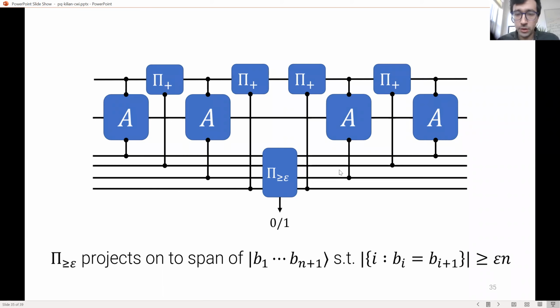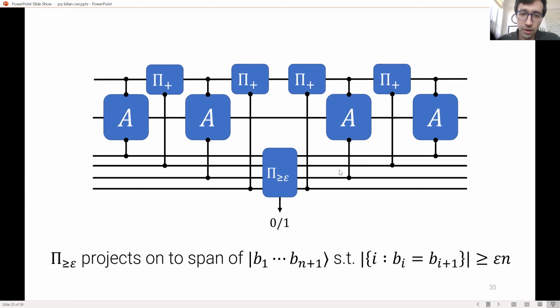The first thing that we do is we turn the estimation procedure into a projective measurement. So this is the projective version of this estimation procedure. We have some ancillary registers, and we apply the A and pi plus measurements coherently.